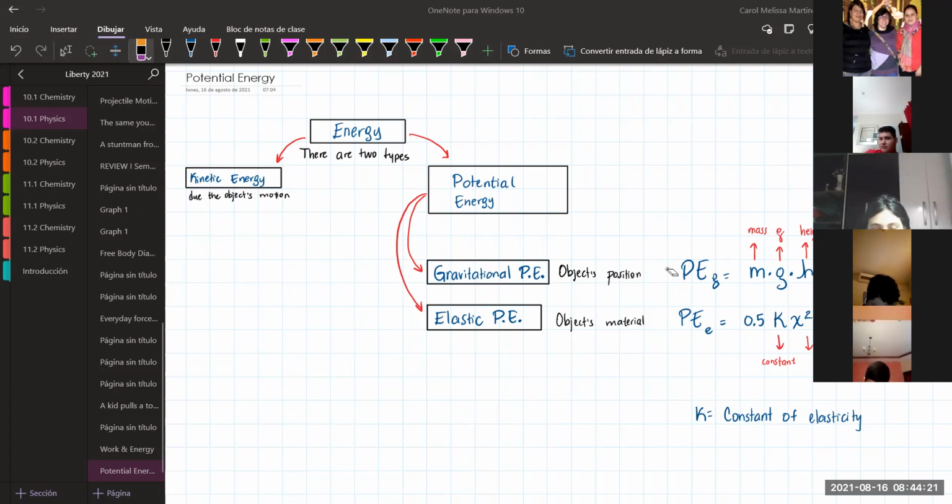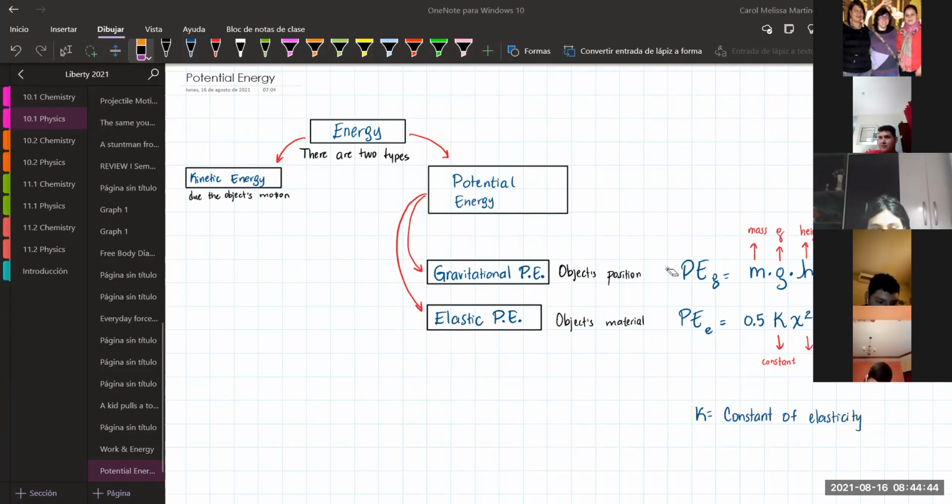And if you bend the pencil, it's going to break. And the rubber band is going to get stretched a lot before it is broken. Okay, so how elastic or stiff an object is going to be measured by this constant of elasticity.